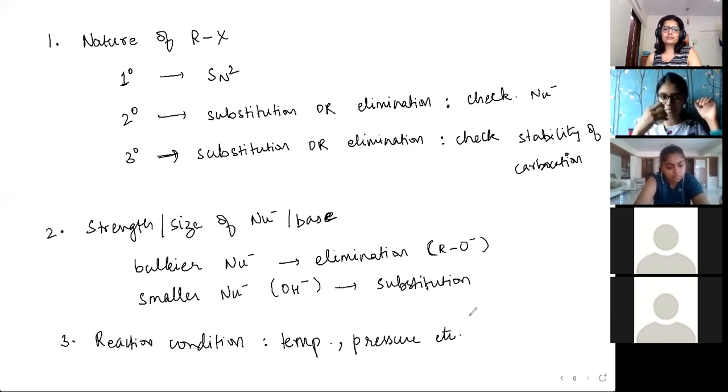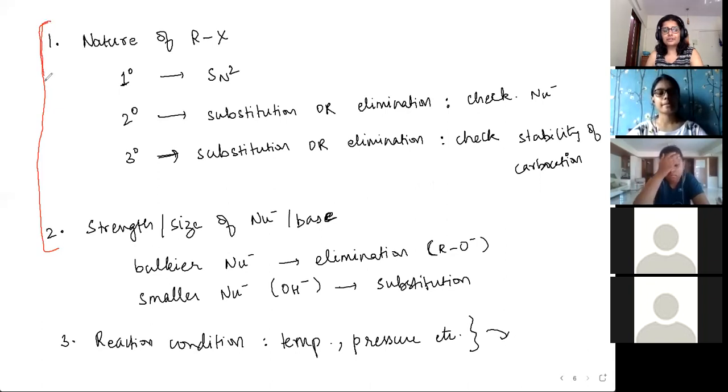This is pretty minor, you don't have very specifics about this. So the main thing to focus on is these two: look at the substrate you're taking, the nature of Rx, and look at the reagent, what kind of base, what kind of nucleophile is being produced. Smaller nucleophiles end up with substitution, bulkier ones can't replace, so they end up with elimination.